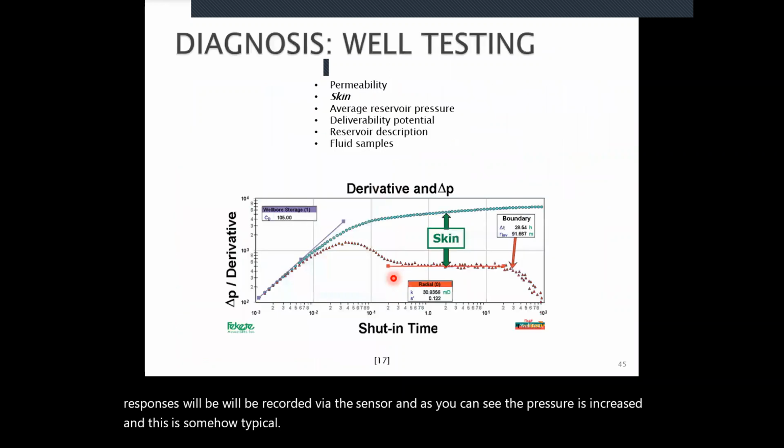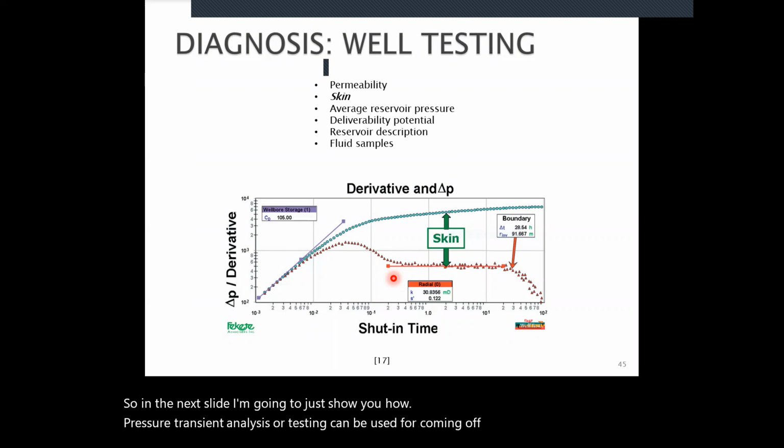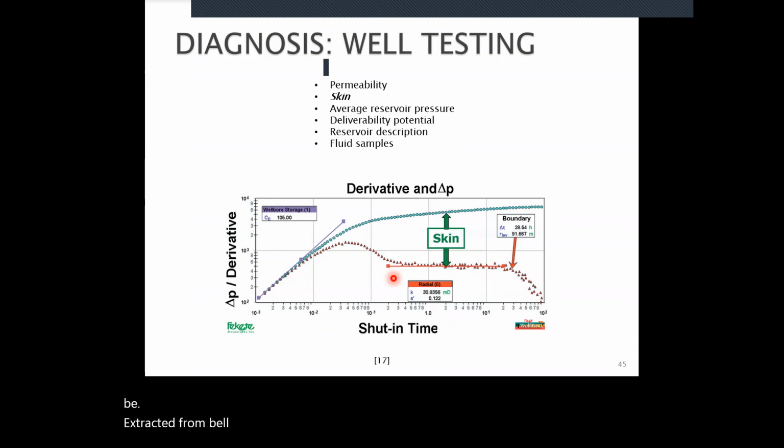Okay, in the next slide, I'm going to show you how pressure transient analysis or testing can be used for coming up with the damage. This is a powerful tool for reservoir characterization, and the following information can be extracted from a well test: permeability, skin, average reservoir pressure, deliverability potential, and reservoir description.